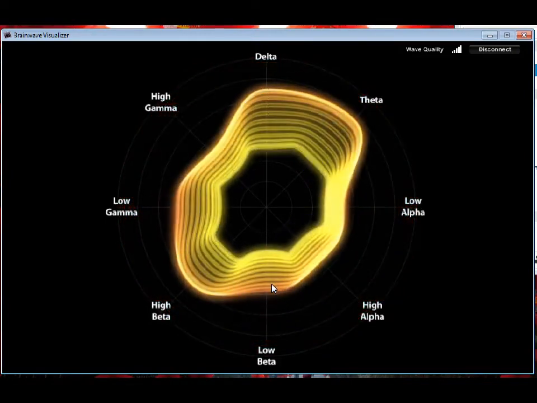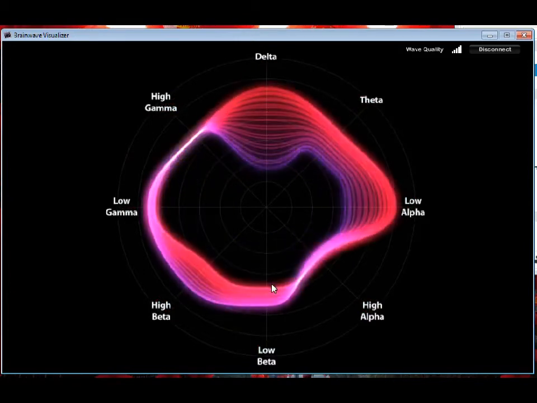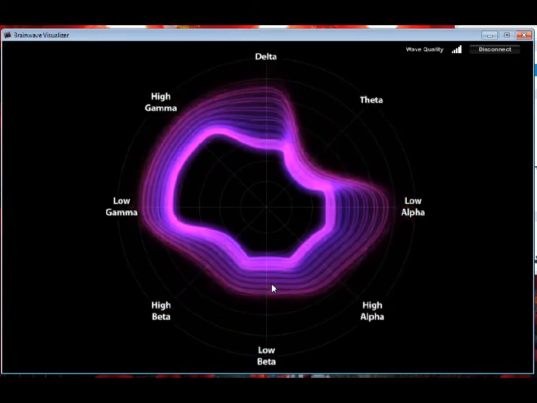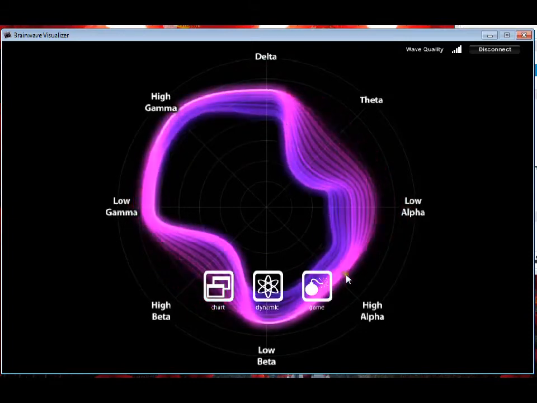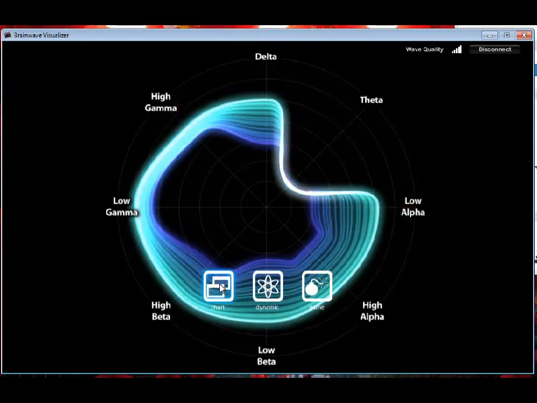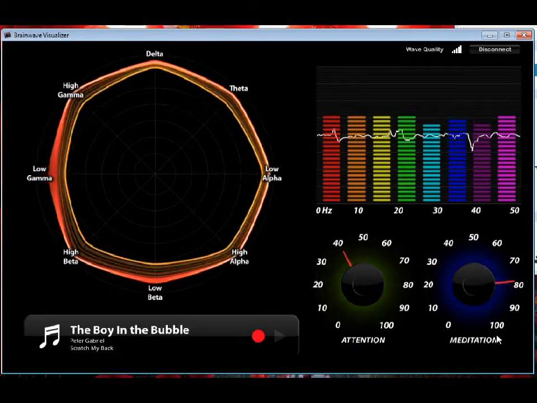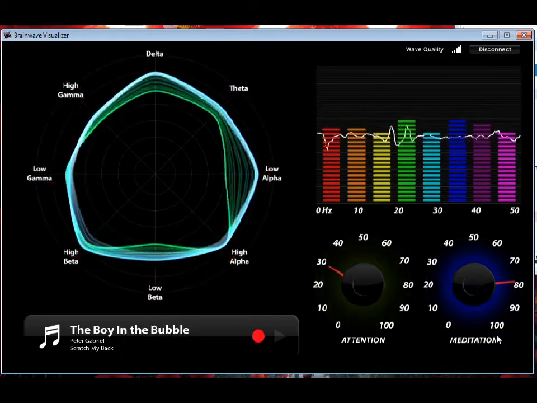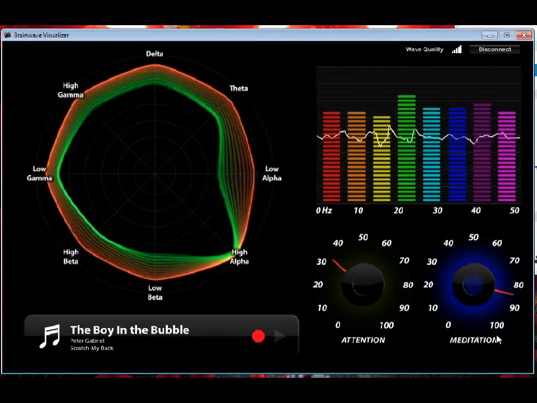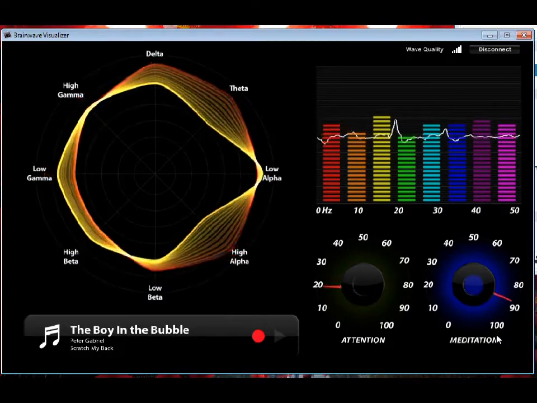That's because I've done some meditation work, and it definitely picks it up. What I can see is it's not that hard for me to push the meditational side up into the 90% range fairly easily.